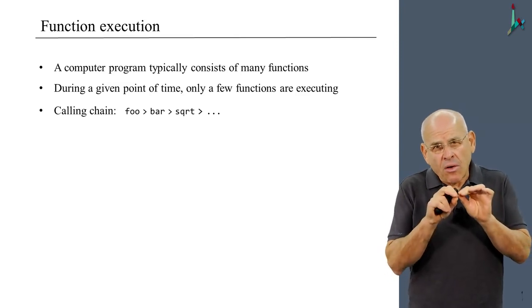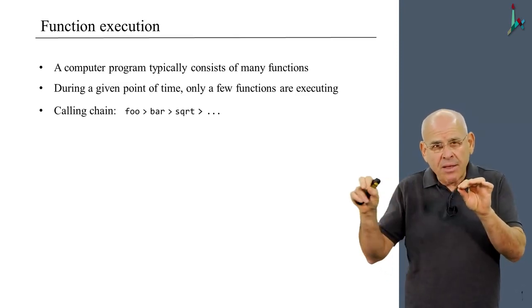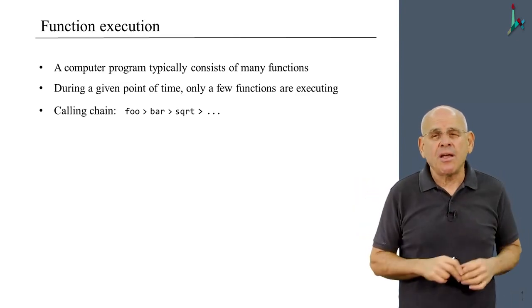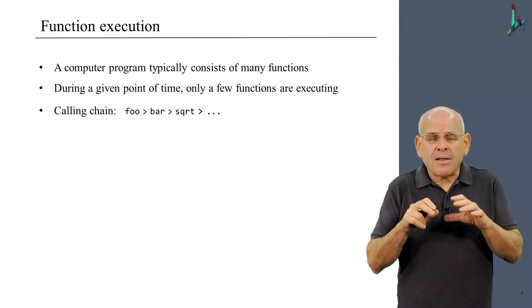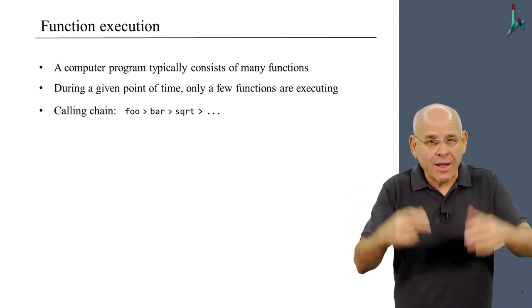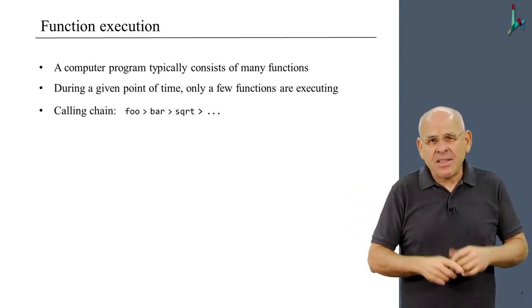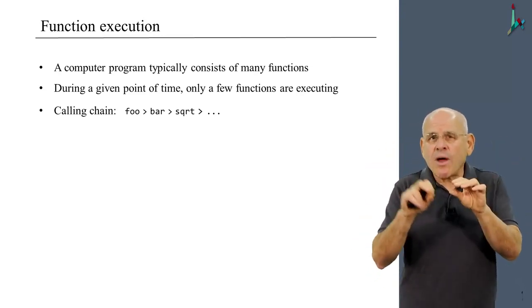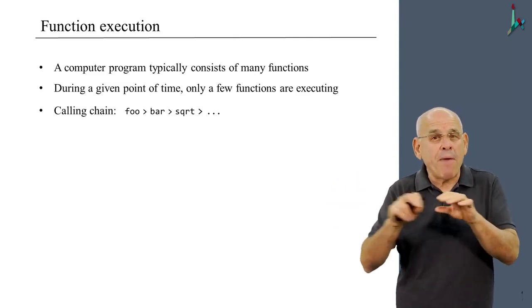And all these functions that participate in this example of execution, we call all these functions taken together the calling chain. So the calling chain is a completely abstract notion that describes the chain of commands, so to speak.